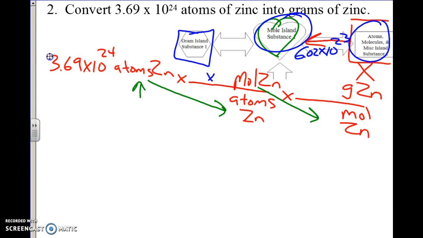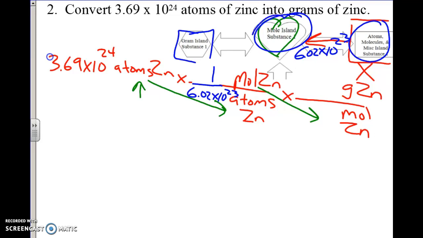So a bunch of atoms will equal 1 mole. So we put 6.02 times 10 to the 23rd atoms. What goes on top? Well, that's going to be 1 mole of zinc.